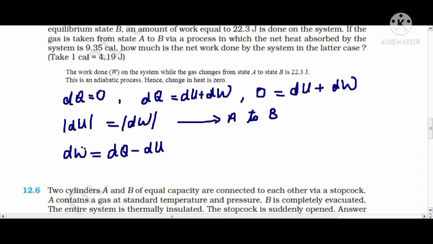Now dQ is given in the question, it is 9.35 calorie. And the conversion formula is also given. So we have 9.35 into 4.19 is the amount of heat absorbed minus dU.